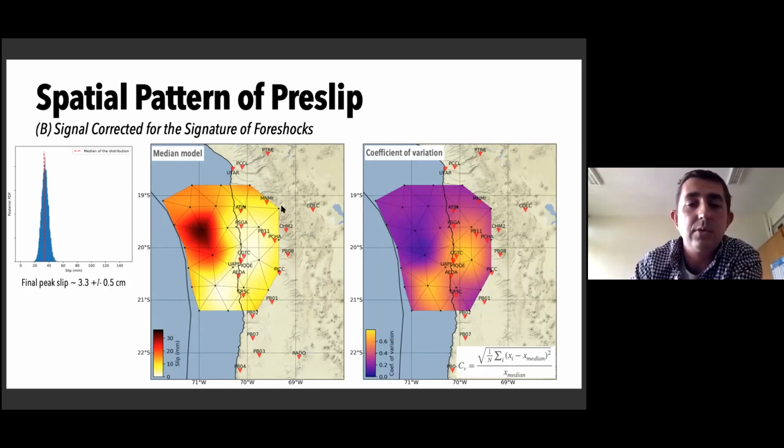Again, this is the slip just on the day before the earthquake. You can also see a little background slip, which is there because the amplitude is smaller and the uncertainty on the data is larger.